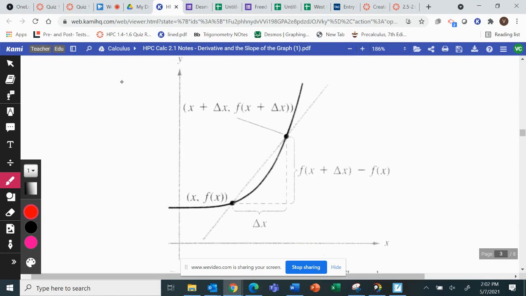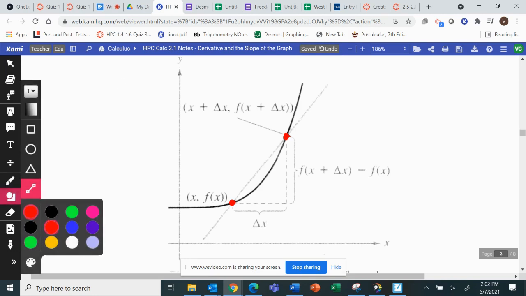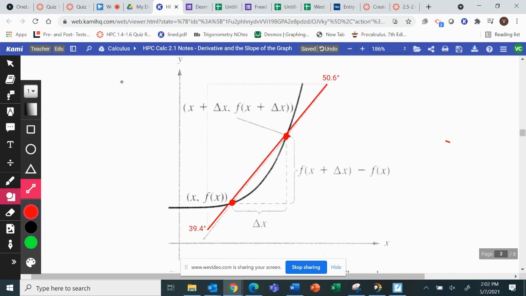So if I know 2 points on the graph, which I can easily find if I have an equation, I'll plug in some x's, I'll get out some y's. I can definitely find 2 points on that graph. If I find 2 points on that graph, I can have a line that passes through 2 points, and I know that line is accurate.